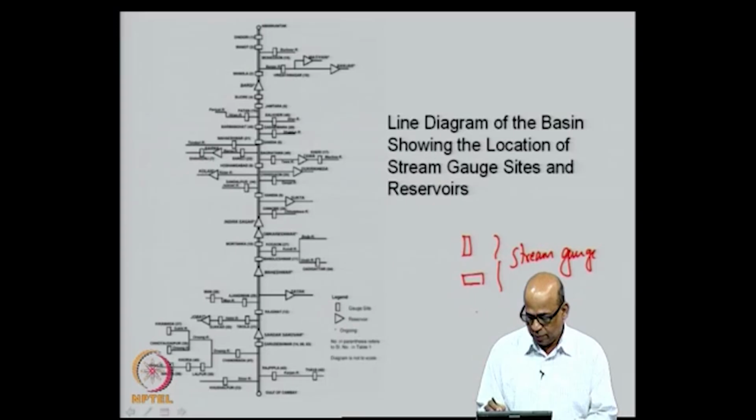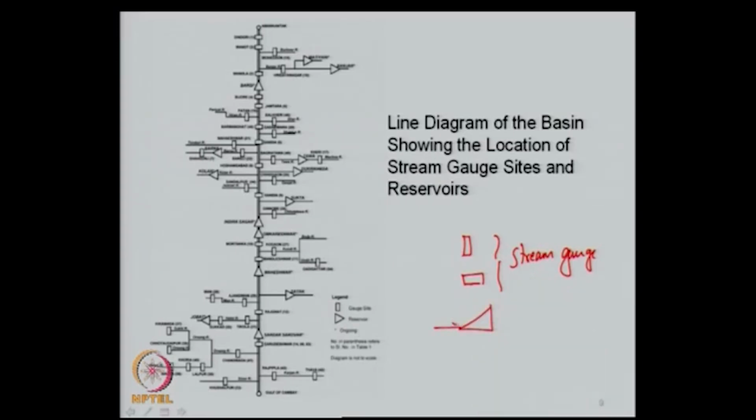And the reservoirs are denoted like this, either this way or this way. These are the reservoirs. So, these are the stream gauges. At these gauges the stream flow data will be available.